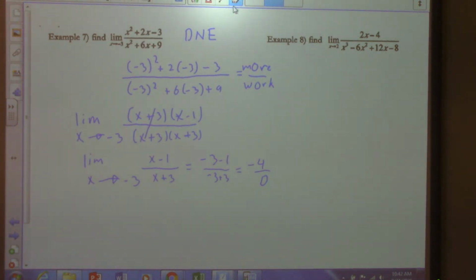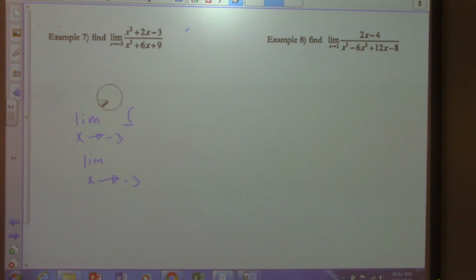Now we have example 8, which to me is a more advanced problem because of this cubic thing here.